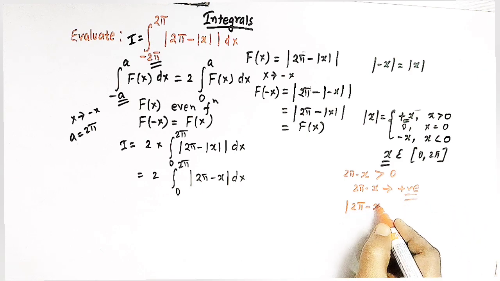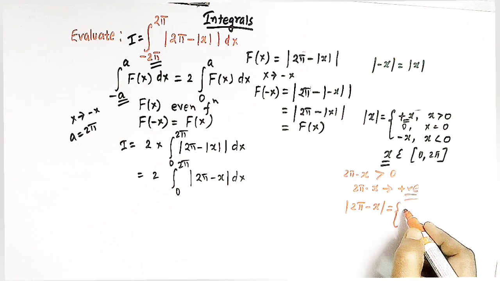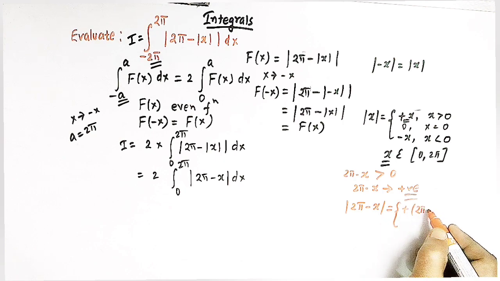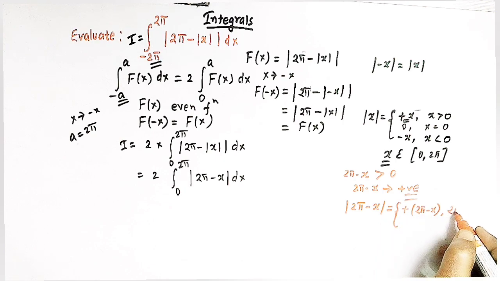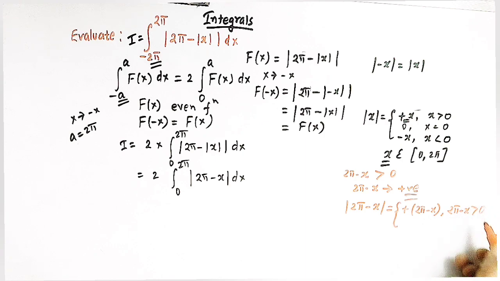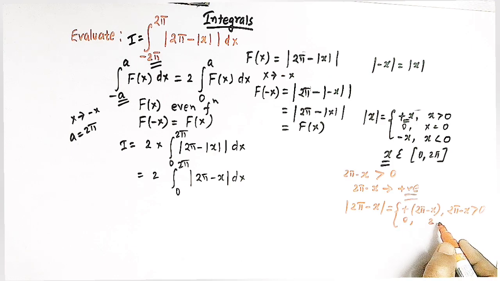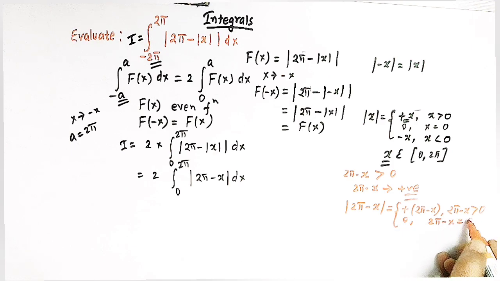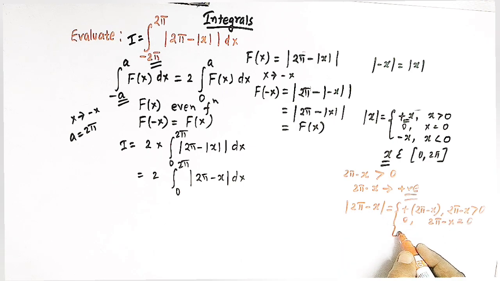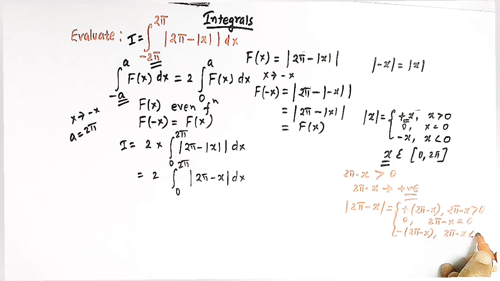So mod of 2 pi minus x is equal to positive 2 pi minus x whenever 2 pi minus x is greater than 0, right? And mod of 2 pi minus x is equal to 0 when 2 pi minus x is equal to 0, and mod of 2 pi minus x is equal to negative of 2 pi minus x whenever 2 pi minus x is less than 0.